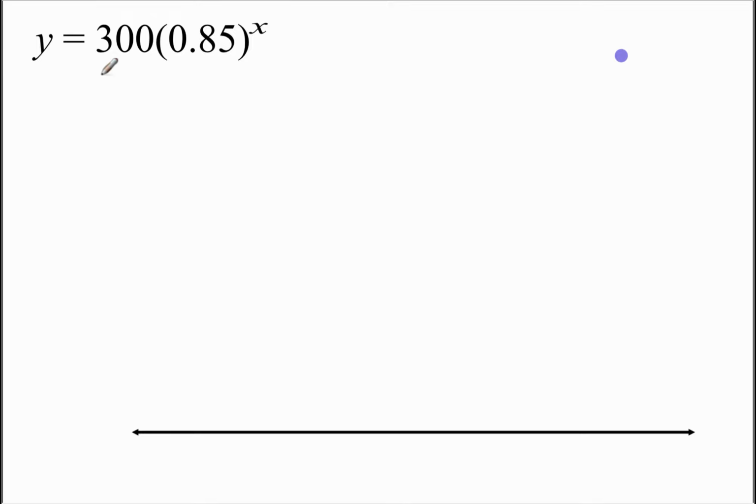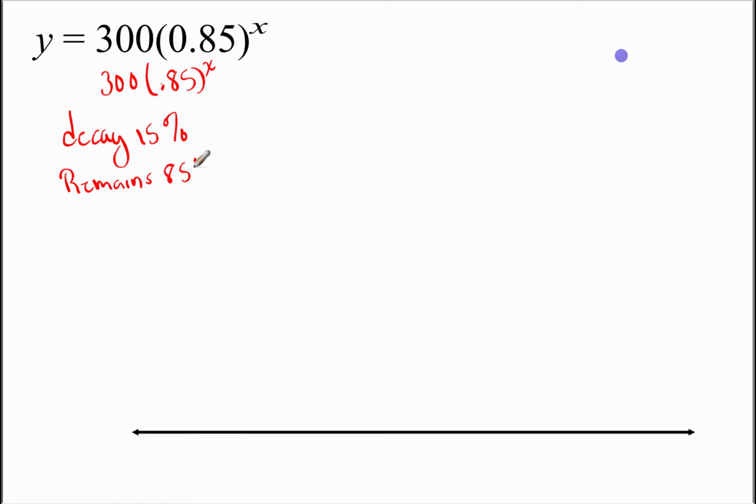This is a graph where we start off with 300 of something, and then every year 85% stays with us. So the decay rate, and again, we'll do more of this later on, is 15%, right? If you decay by 15%, that means what remains is 85%.